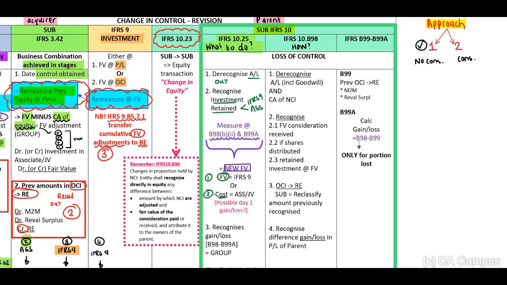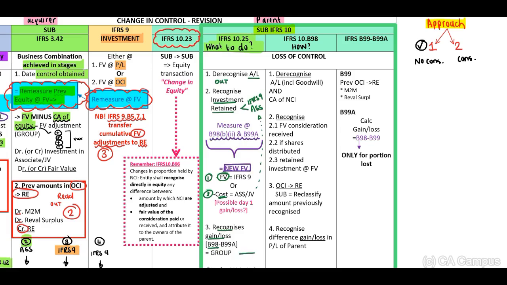But it is important to note that the retained investment, the investment that we still have in that entity, should be measured at fair value on the date when control is lost. Then I've included here for our financial assets, there might be a possible day one gain or loss. And step number 3, recognize your gains or your losses as per B98 to B99A.